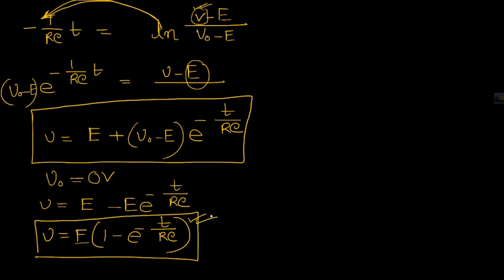So what have we done? Let's revise that. We have drawn an RC circuit, okay, and then at time is equal to 0, we connect the battery here, and then we obtain the formula for the voltage across this capacitor.